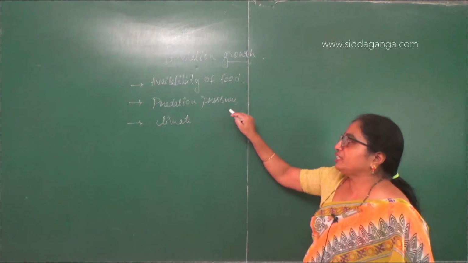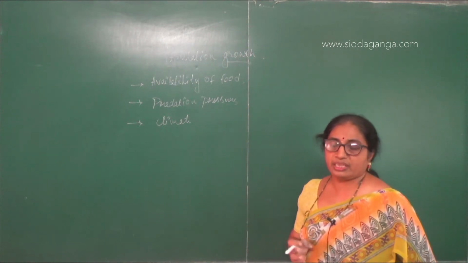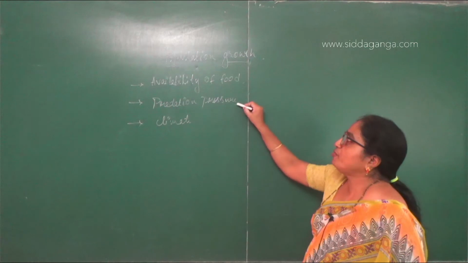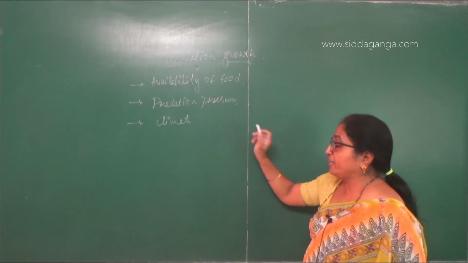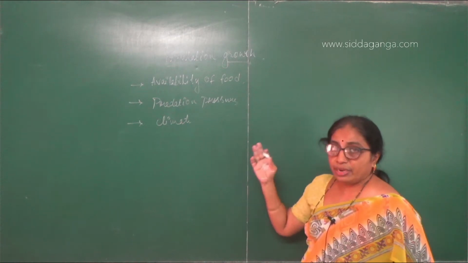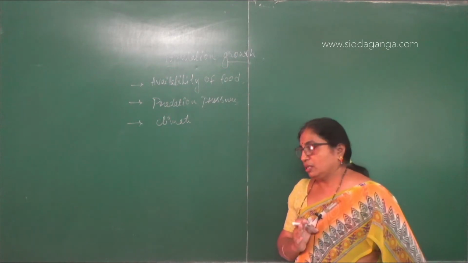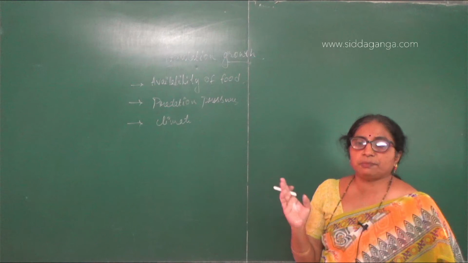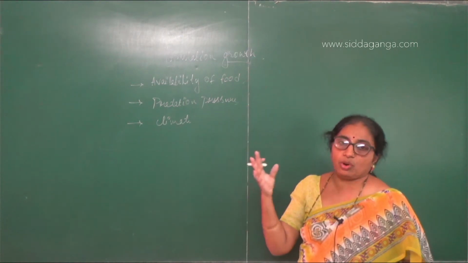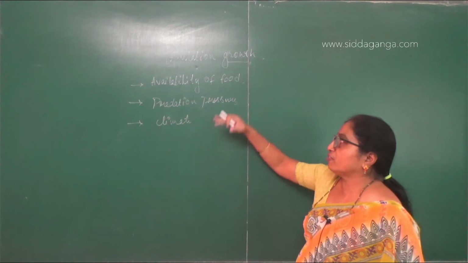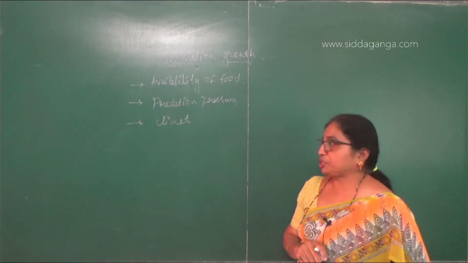If there are more predators in that particular habitat, obviously there will be a decrease in the population. If there is less predation pressure or the predators are fewer in number, obviously there will be an increase in the population size.